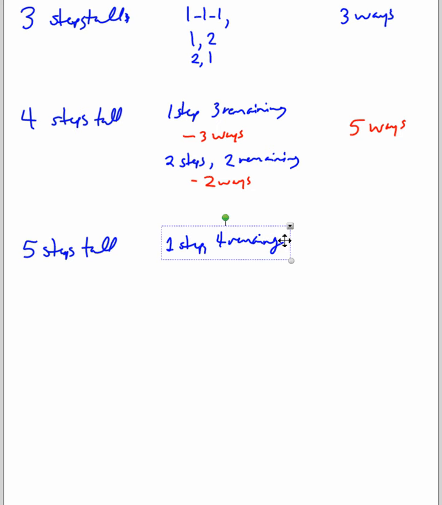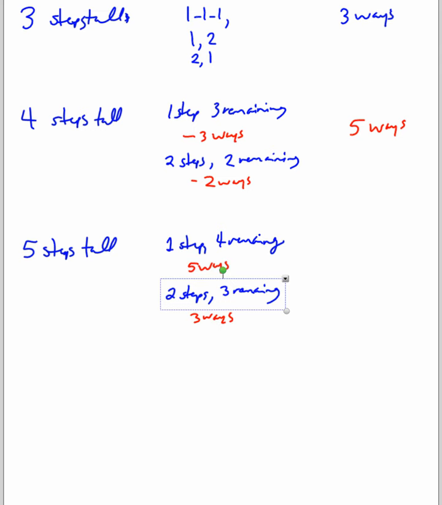But based on my work right here, I know there are 5 ways of doing that. My alternate way, though, is to do 2 steps with 3 remaining. But based on what I did up here, I know there are 3 ways of doing that. So that means in total there's 5 plus 3, or 8 ways, if the staircase had 5 steps.